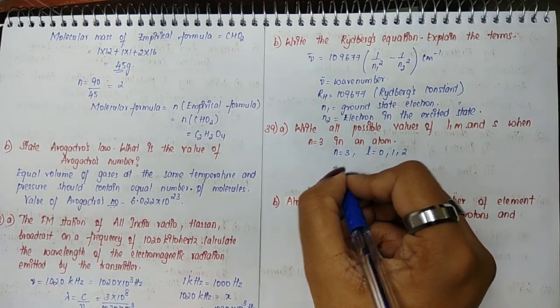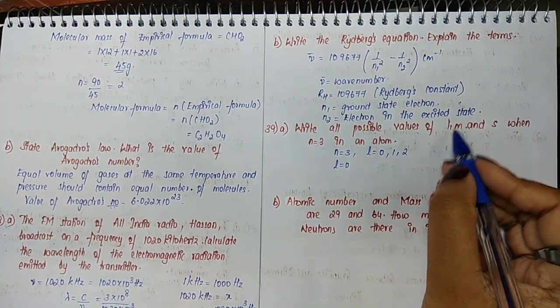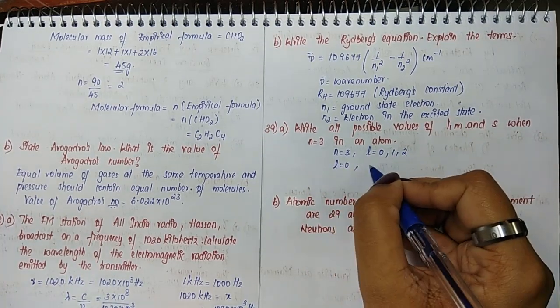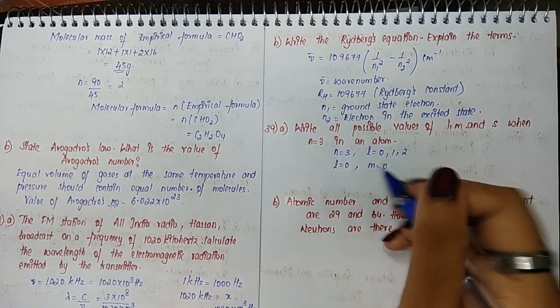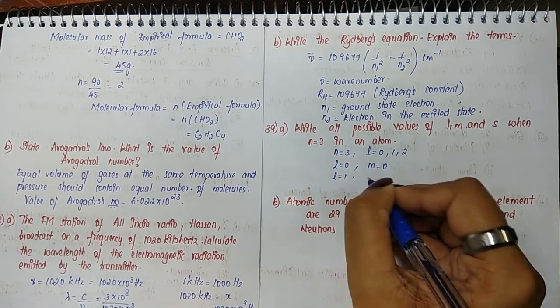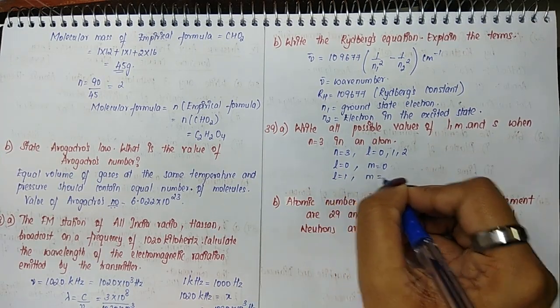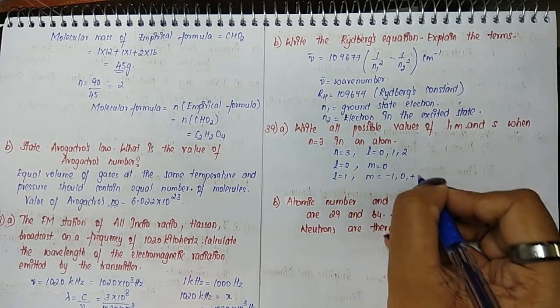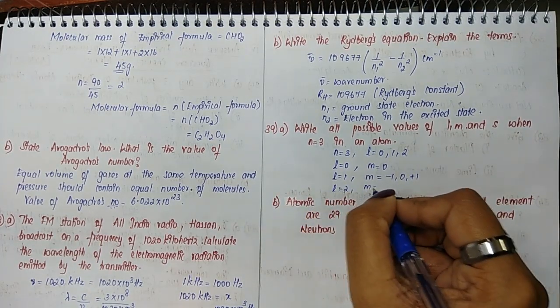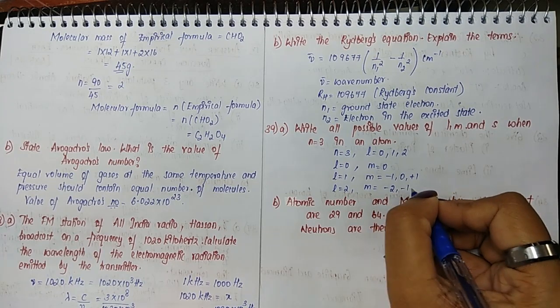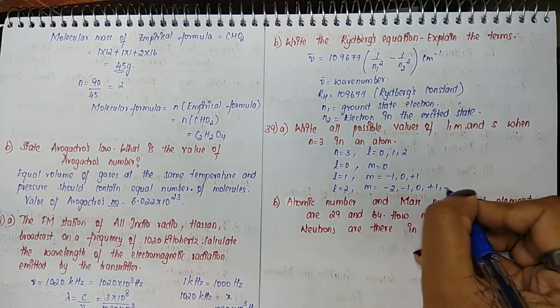Now when L is equal to 0, we need to get M value. So if L is equal to 0, then M is also equal to 0. When L is equal to 1, M is equal to minus 1, 0, plus 1. And when L is equal to 2, M is equal to minus 2, minus 1, 0, plus 1 and plus 2.